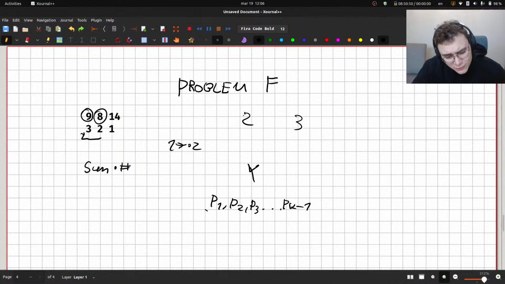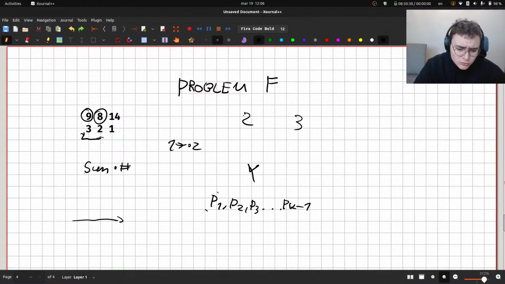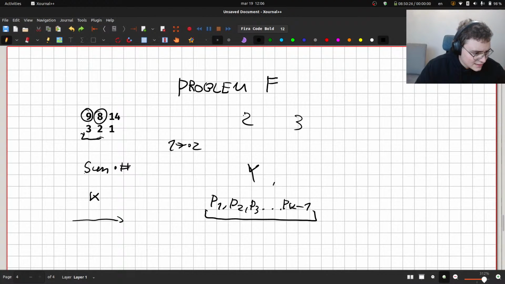So now what do we want to find? We want to find the greatest score that we can get. So we will iterate over the number of values that we take, right? And then, what we would like to find is the k biggest values, such that none of those values is one of these indexes.